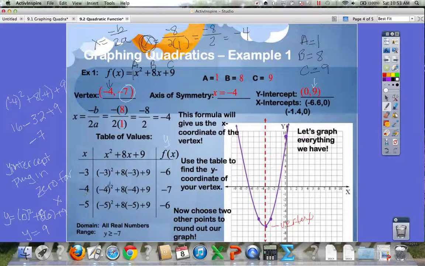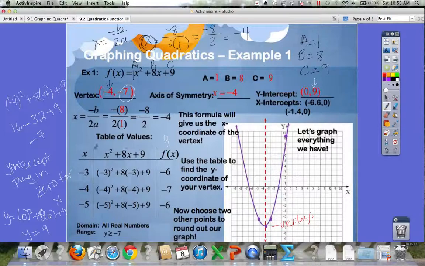If I plugged in a negative 4 into every x, then y would be negative 7. If I plugged a negative 5 in, I would end up with a negative 6. So negative 3, negative 6, negative 4, negative 7, negative 5, negative 6 are all points that you can put in your graph and plot, and then draw your parabola through it.